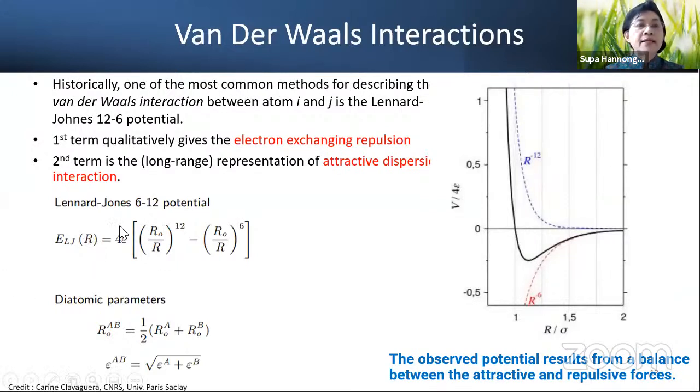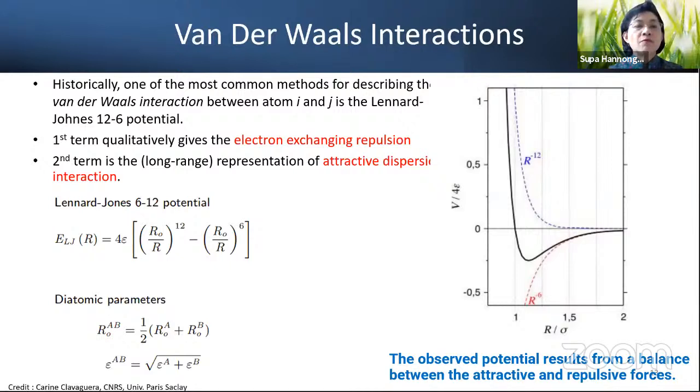If you look at this equation, there are two terms. The Lennard-Jones potential equals 4 epsilon, and the first term qualitatively gives the electron exchange repulsion. The second term is the long range term representing the attractive dispersion interaction.